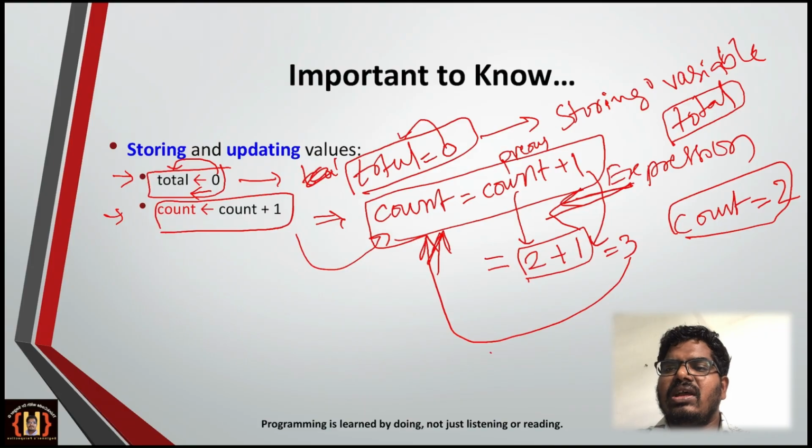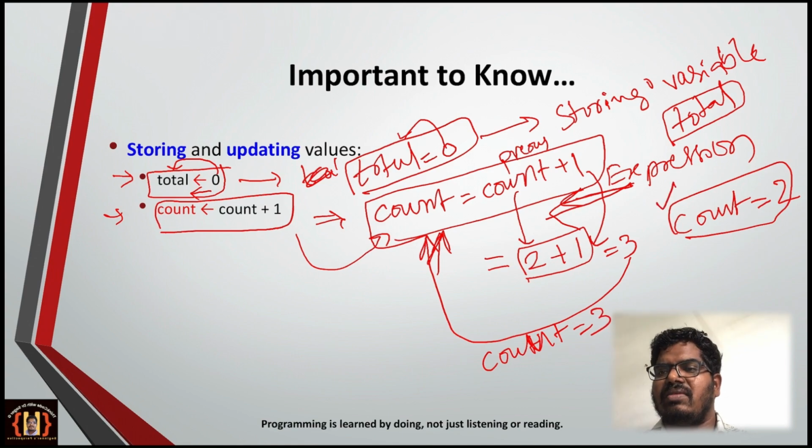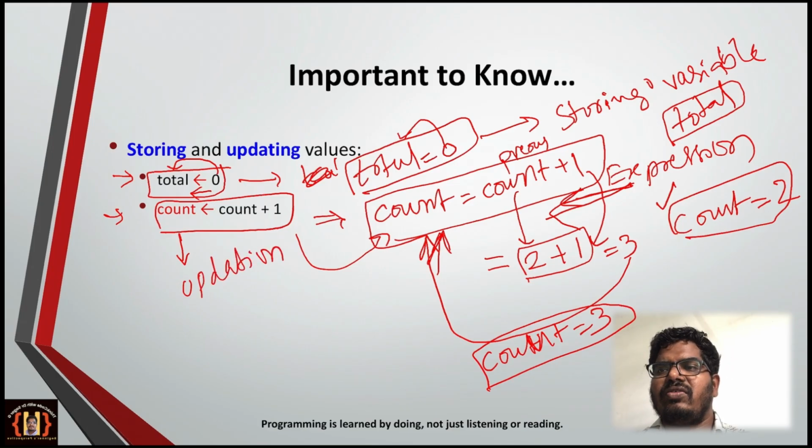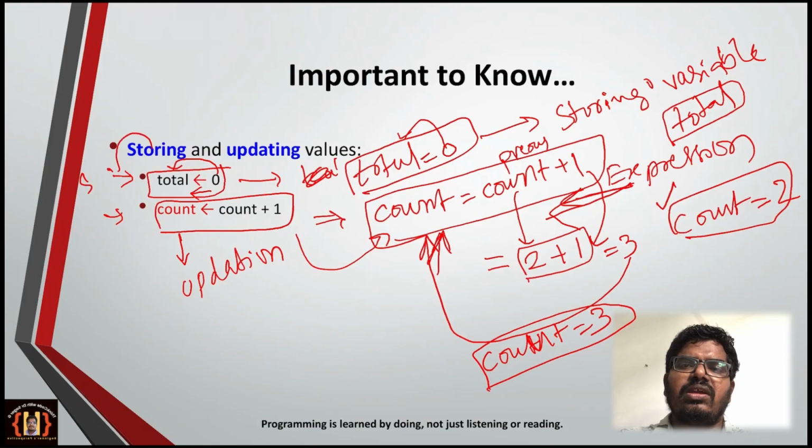So the latest value in the count variable is 3, whereas earlier it had 2. This is called an updation operation, and it is very important. Don't worry, I'll repeat these equations again and again when we deal with programming concepts. For now, understand that the first is for storing and the second is for updating the variable.